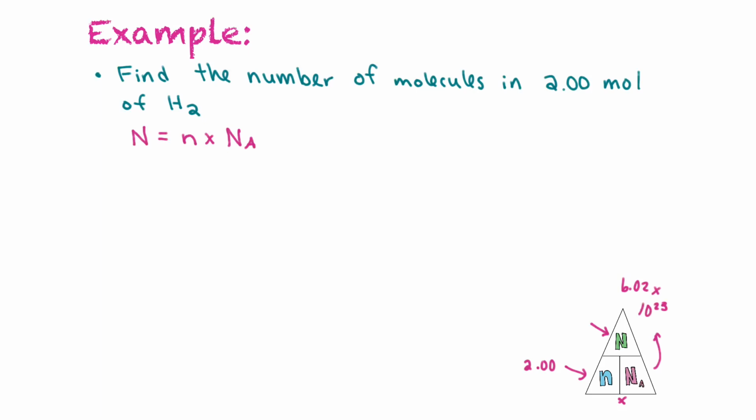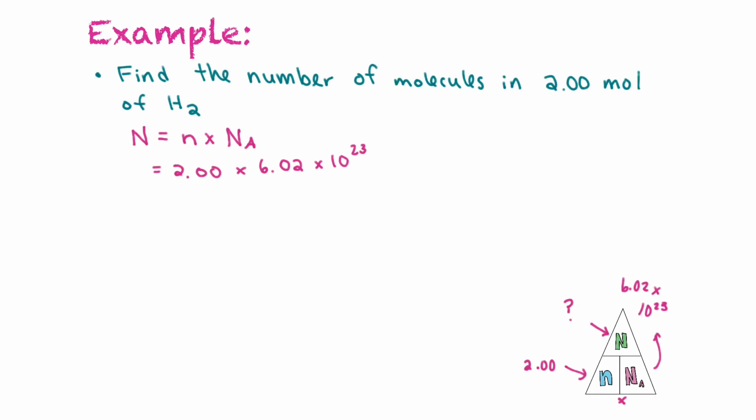So I always like to take a look at the relationship, figure out what I'm looking for, and write the other values in. So we'll plug those numbers in. We know that little n is 2.00. We're going to multiply that by big NA, so 6.02 times 10 to the power of 23.